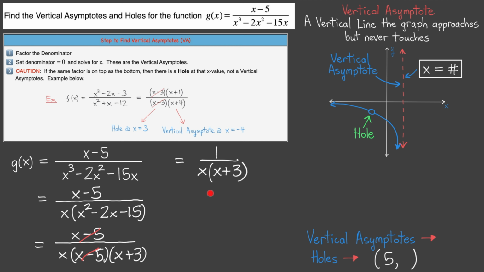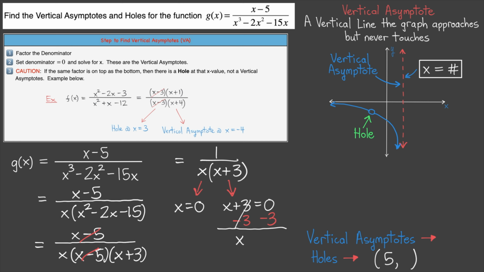All right, now we can find our vertical asymptotes. So here's our condensed function, and we can set each of these equal to 0. We'll get back to the hole in a second, but for now we'll find our vertical asymptotes. So we get x equals 0, and then x plus 3 equals 0, and then we'll move the 3 over to the other side to solve for x. Since it's plus 3, we will subtract 3.